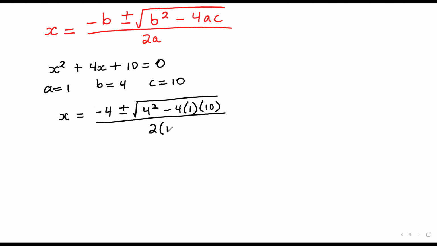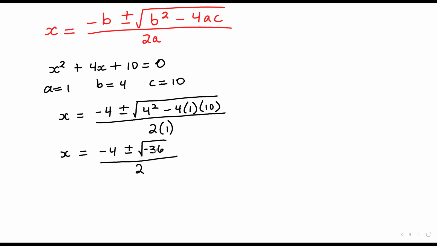So simplifying this, we'll get minus 4 plus or minus the root of, well, 4 squared is 16 minus 40, which we got as negative 36, and negative 36 all over 2 times 1, which is 2.